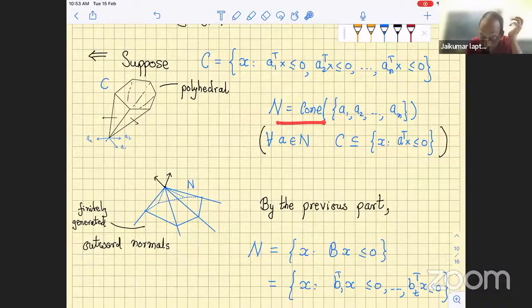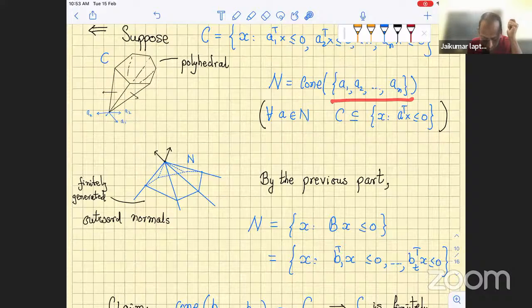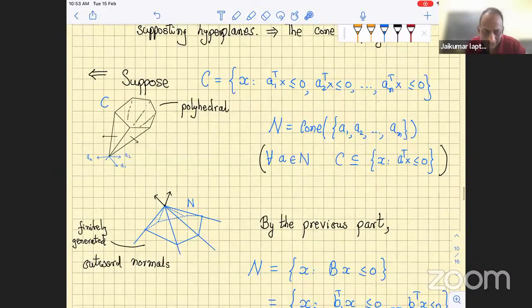And now, what do we know about a finitely generated cone? We have proved this direction. So this finitely generated cone also can be written as a polyhedral cone. It might temporarily appear that I'm doing everything in a circular fashion.